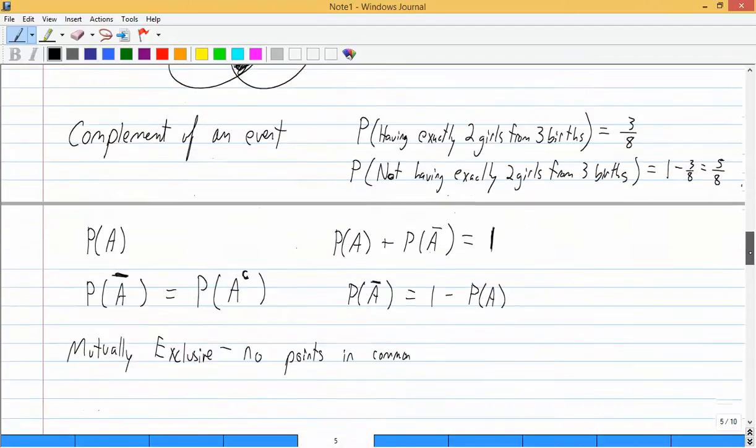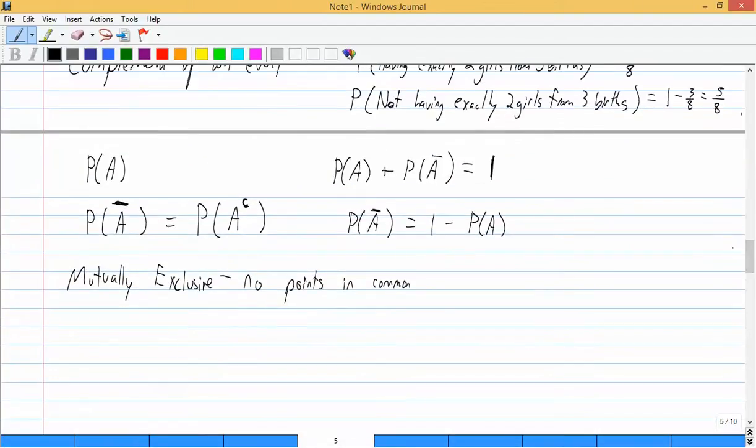That's also called disjointedness. That's a fun word. Disjointedness. Show that to your English teacher.